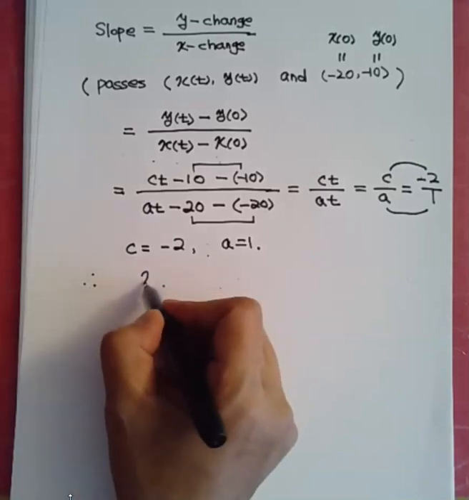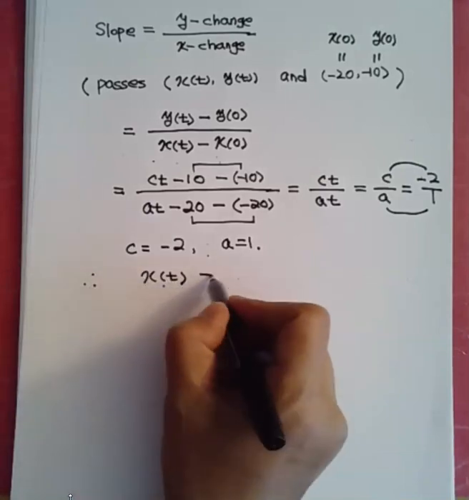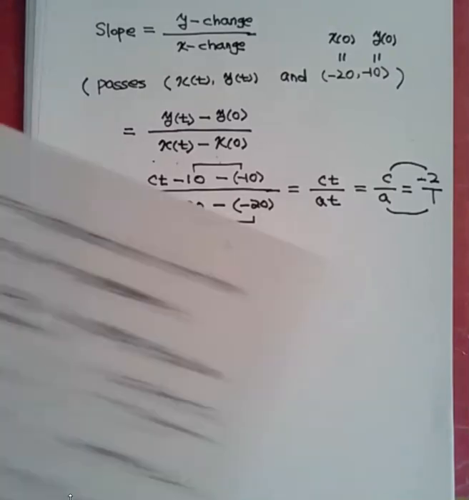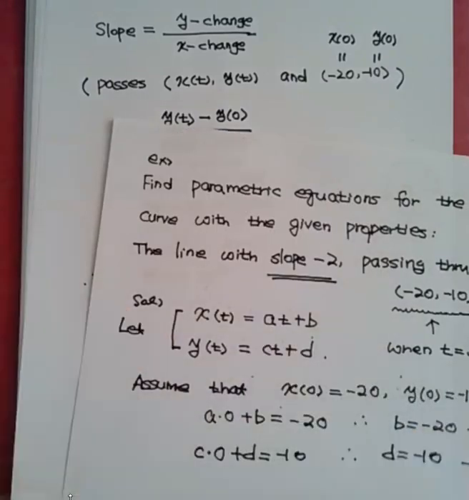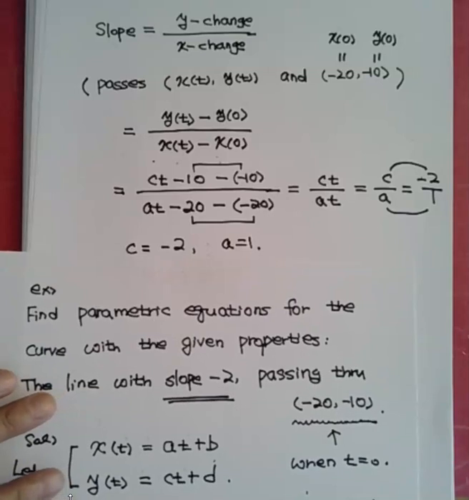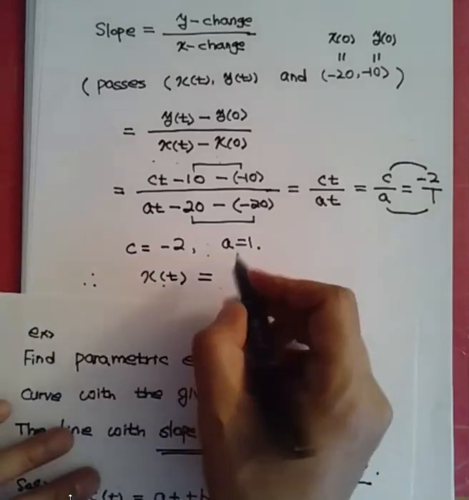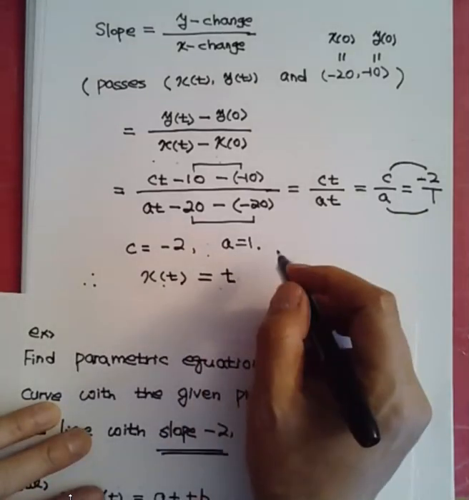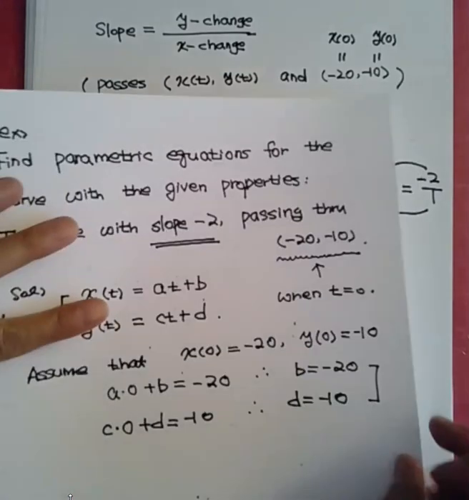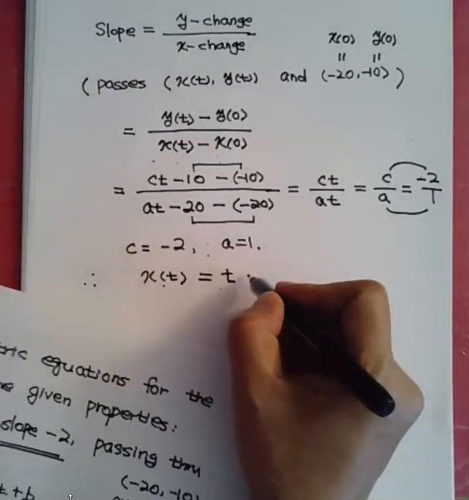So x of t equals, we are going back to here, a equals 1, so 1 times t equals t, and b was minus 20.